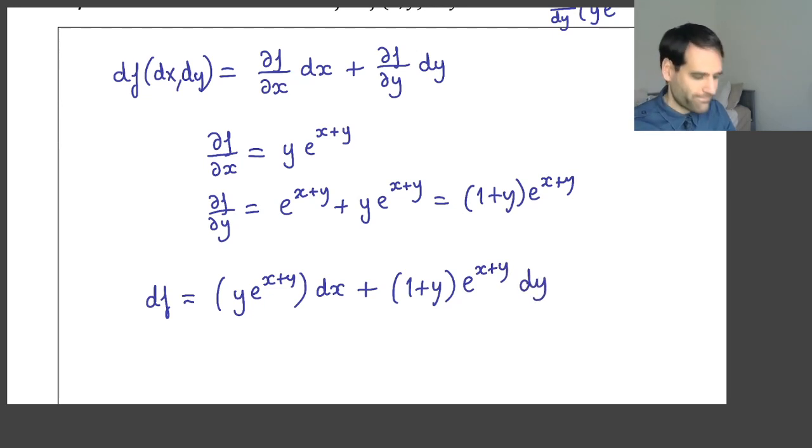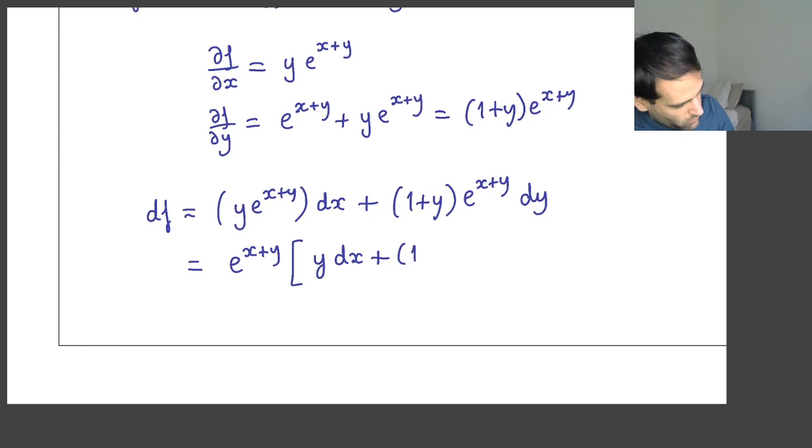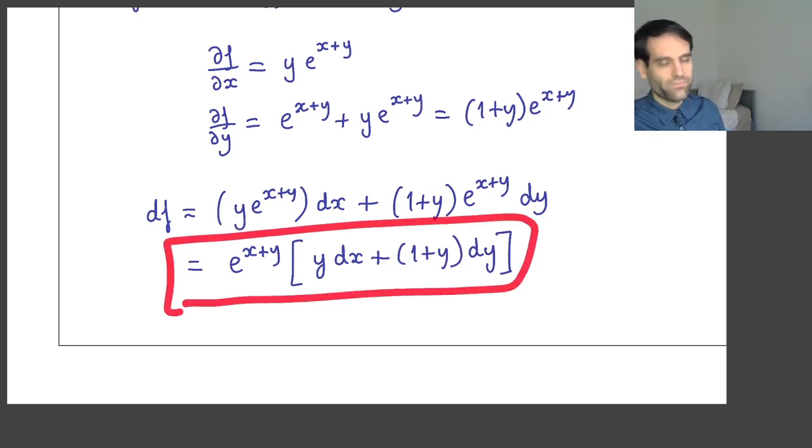Okay? If we wanted, we could write this as exponential of x plus y times y dx plus 1 plus y dy. Okay, and this is the total differential of f, and it is a function of dx and dy.